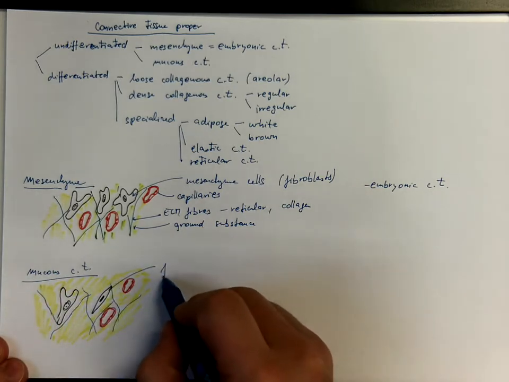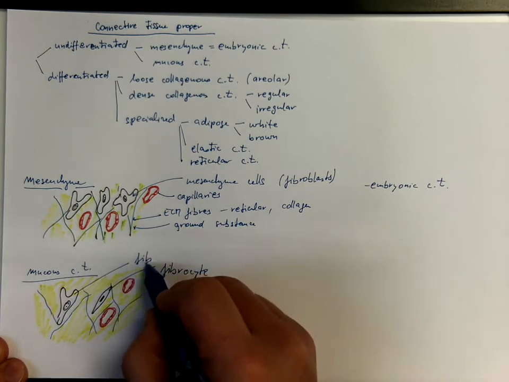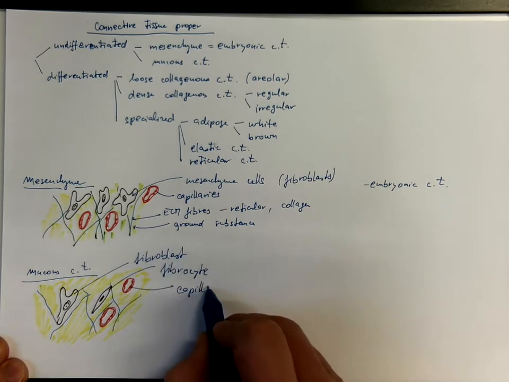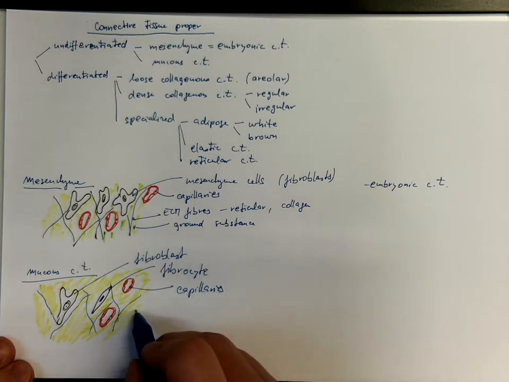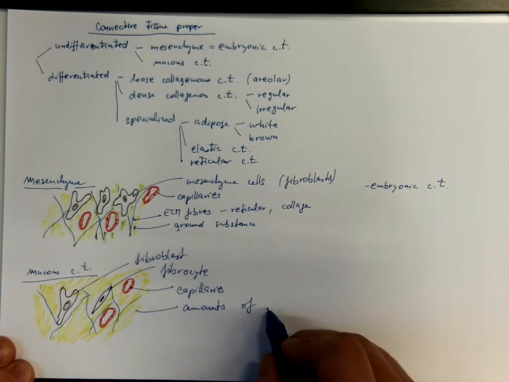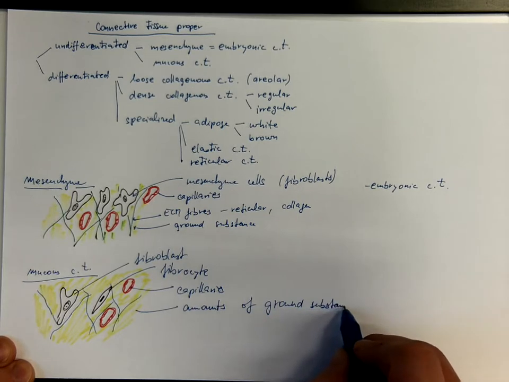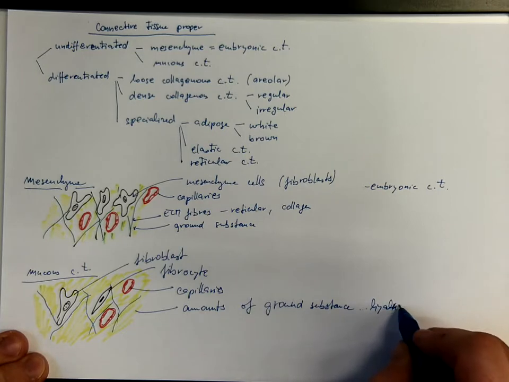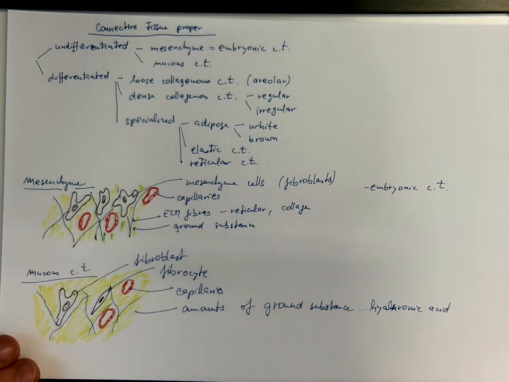So we have fibrocyte, here we have fibroblast, we have capillaries, and we have huge amounts of ground substance, mainly hyaluronic acid, which binds lots of water.